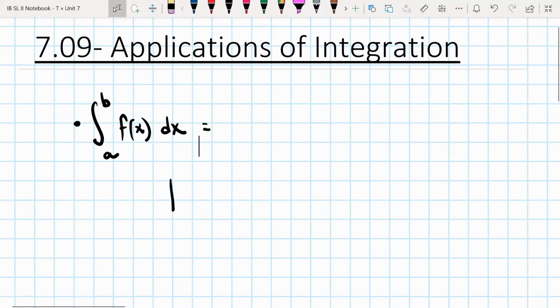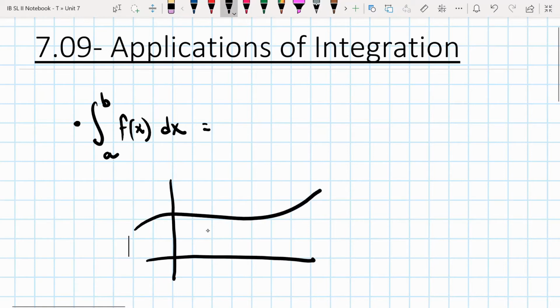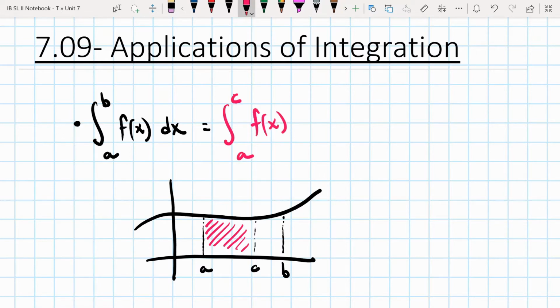Let's say I have the integral from a to b of some function f of x. Let's call this a, and this will be b over here. We know that the value of the integral is equal to the area under the curve. But one thing we can do here is split this integral up into two separate integrals, where we have the integral of this region here, which we're going to call the integral from a to c of f of x dx.